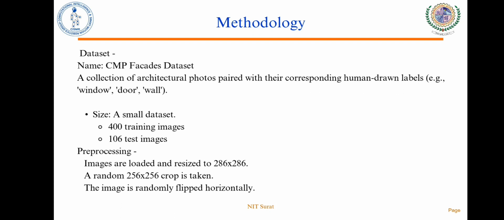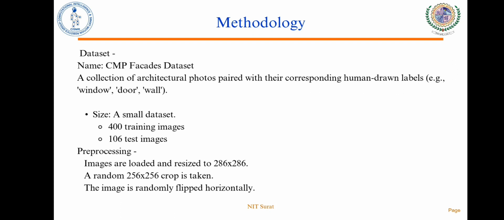Methodology. We use the CMP Facades dataset. Each image has a corresponding label map, identifying doors, windows and walls, etc. The dataset size is around 400 training inputs and 106 test images.